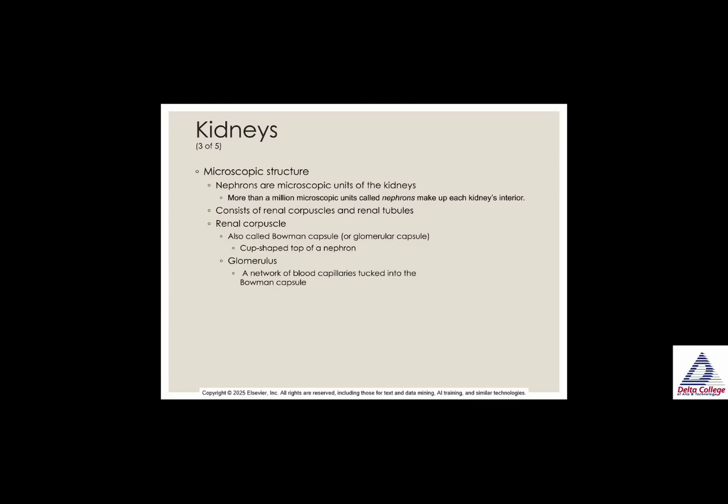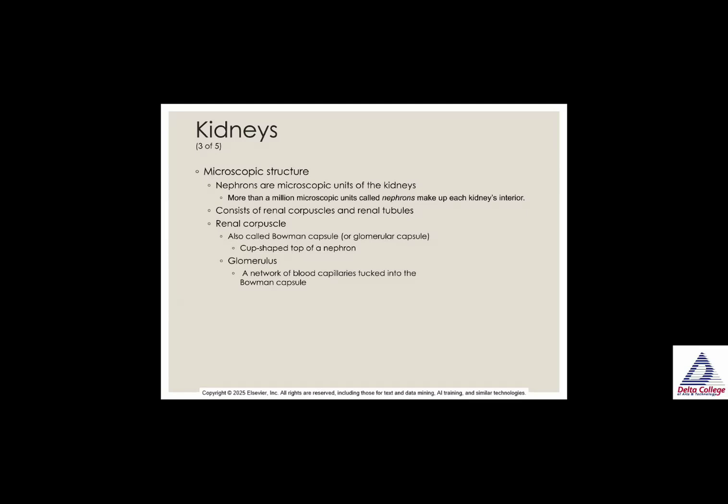So there are microscopic structures in the kidneys, the nephrons. These are microscopic units of the kidneys, and these are so vital for us. There are more than 1 million microscopic units called nephrons that make up each kidney's interior.